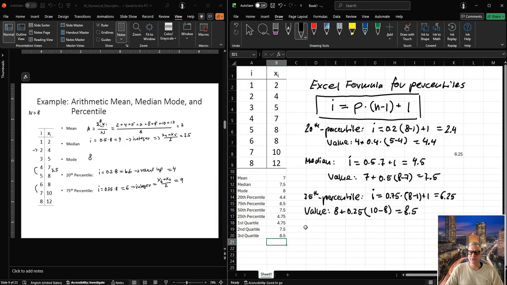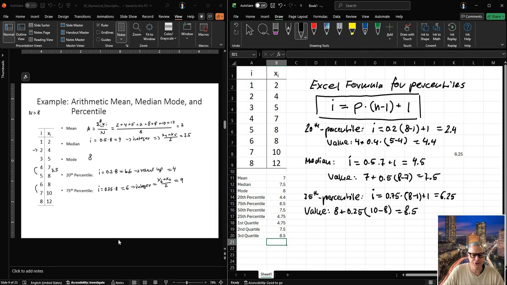Okay, so this is how Excel does it, and the other one is how you can find it in some textbooks. The textbook solution is a little bit maybe easier, even though the Excel formula is not that super complicated either.